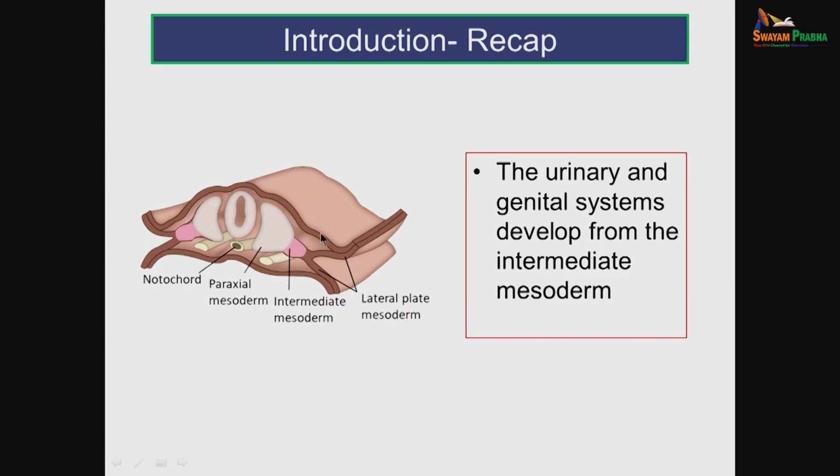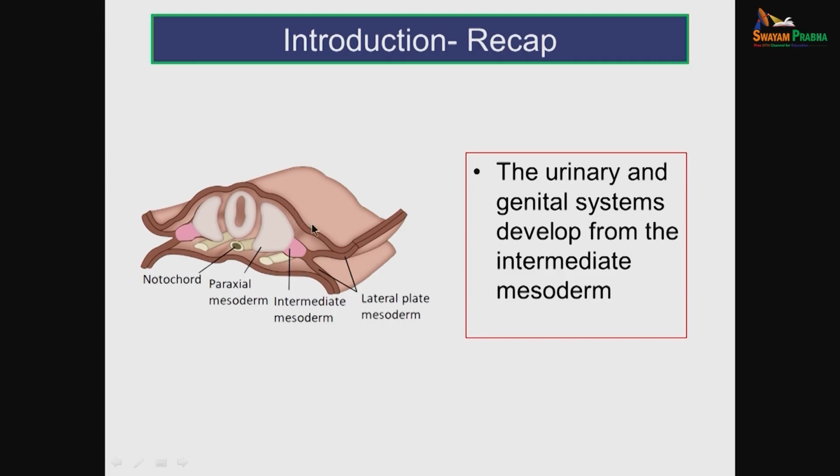This is the ectoderm above. In between is the intraembryonic mesoderm and this one will be your endoderm. Amniotic cavity will be present above and yolk sac will be present below.